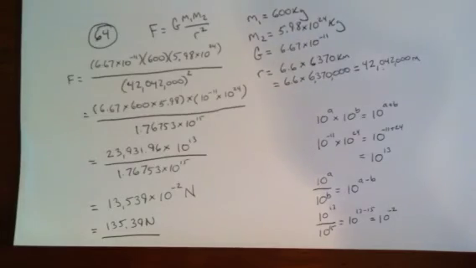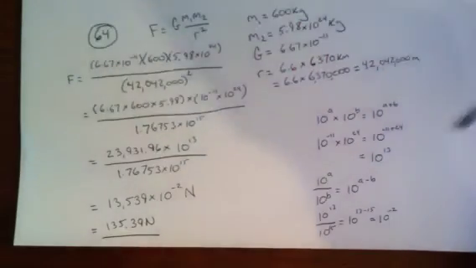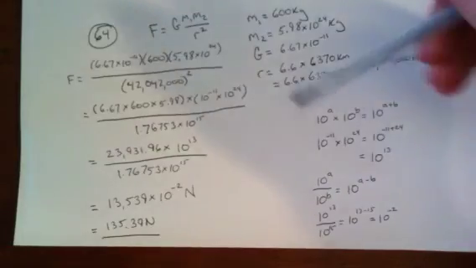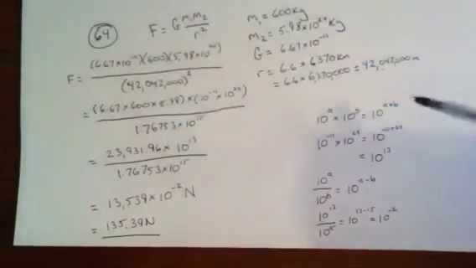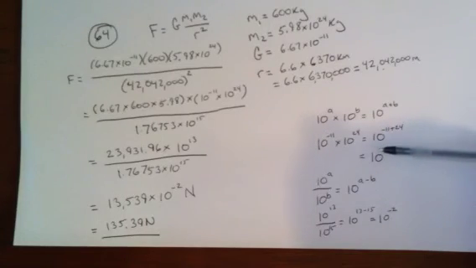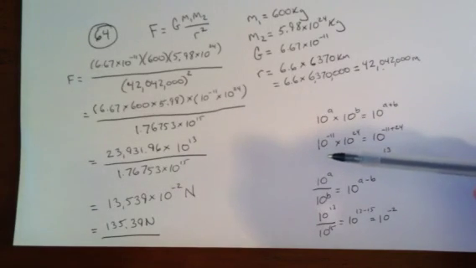I'll probably keep the numbers very nice. I won't do it between the earth and an object. I'll do it between two objects that have very easy numbers to work with. But you should go through this example and figure out how I worked it, knowing these exponent properties over here, and just get a feel for it. And if this is still confusing, then go ahead and ask me and give me a call or email me.